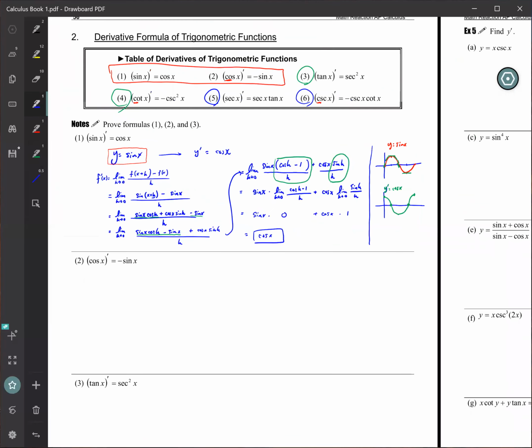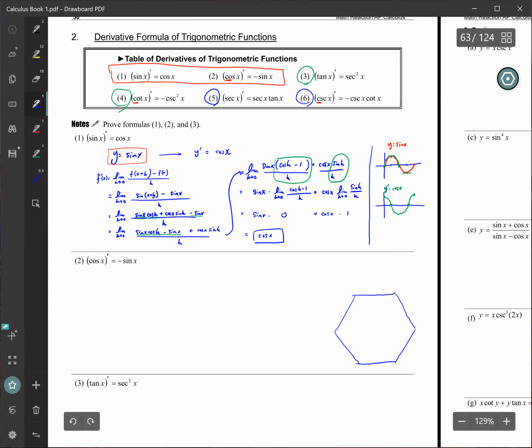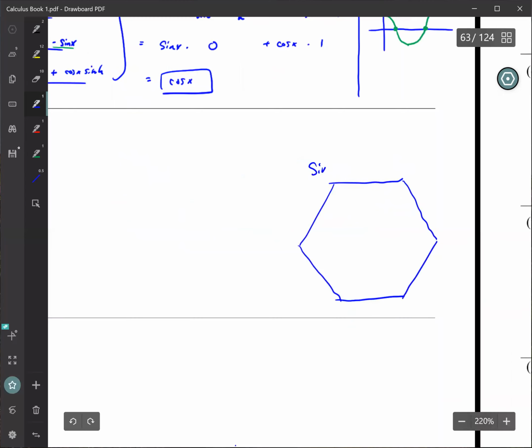First, you draw the hexagon again. Okay, so please draw the hexagon. And then we are going to place the trig the same way we did. So first we put sine x at the top left corner, cosine x there, tangent x there, and then at their opposite we put the reciprocal.